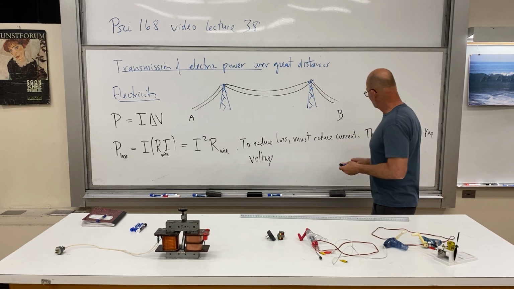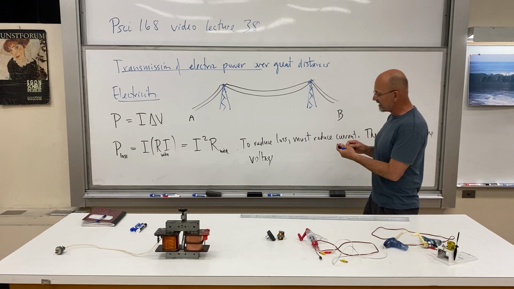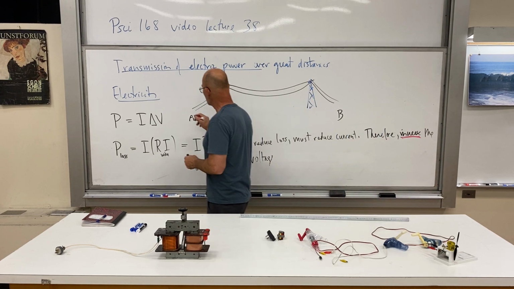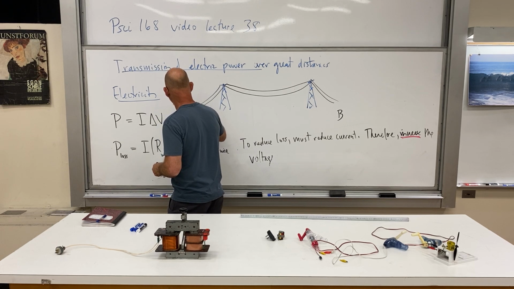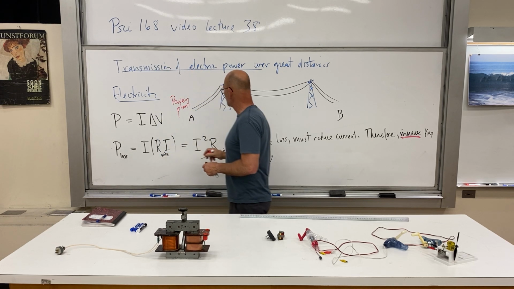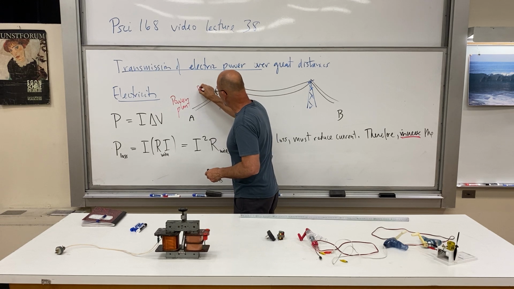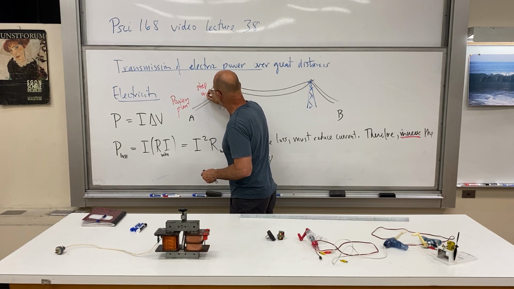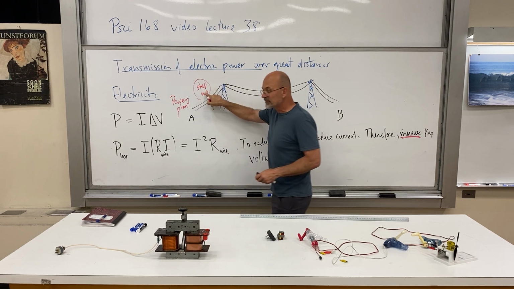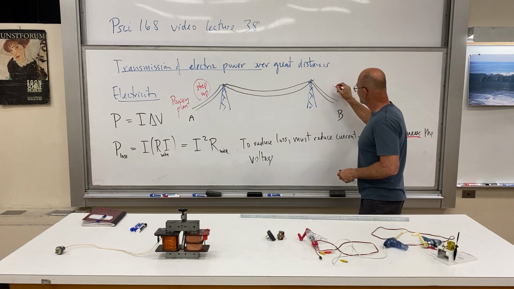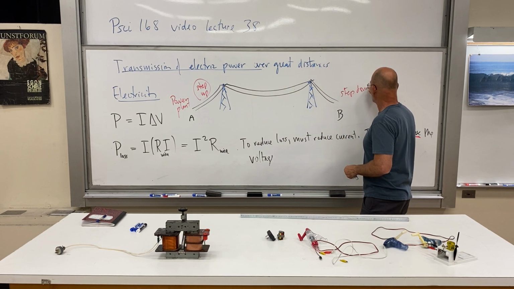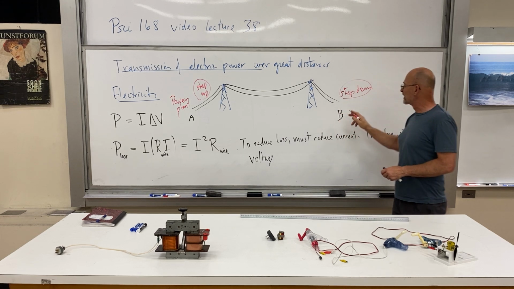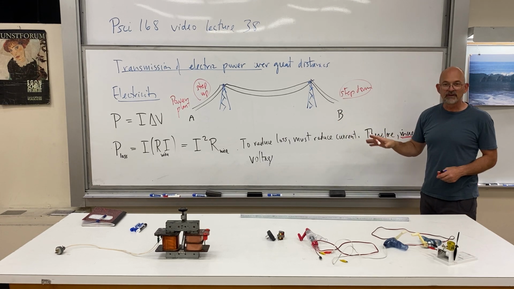So that is what's done, and what you'll have here is your power plant, and it'll generate, and then you're going to have step up transformers here, and then down here you'll have step down, so you can get it back to 120 volts in your house.